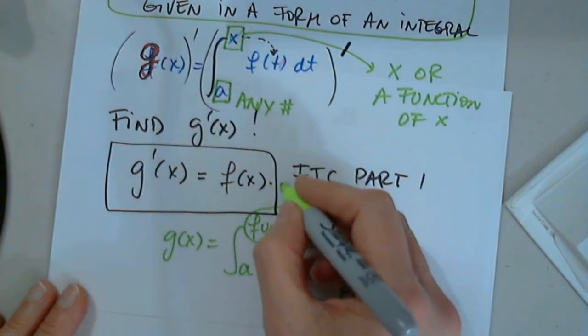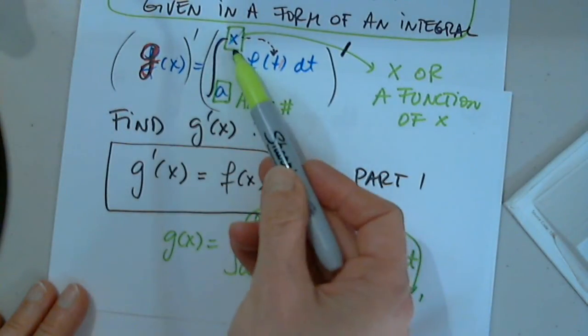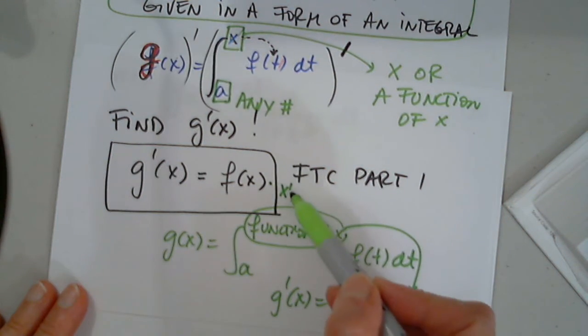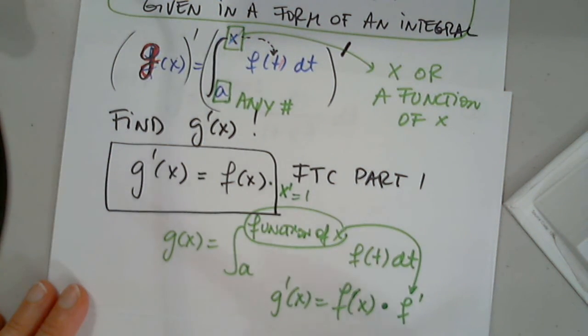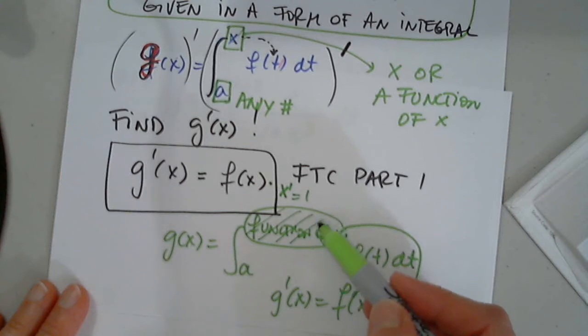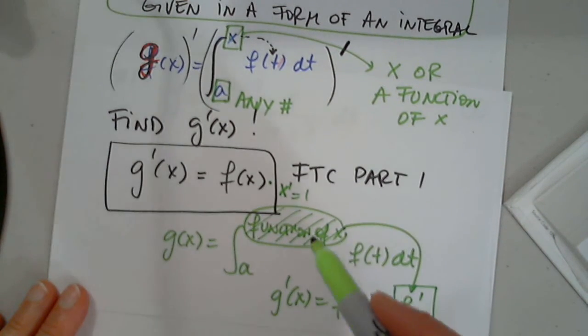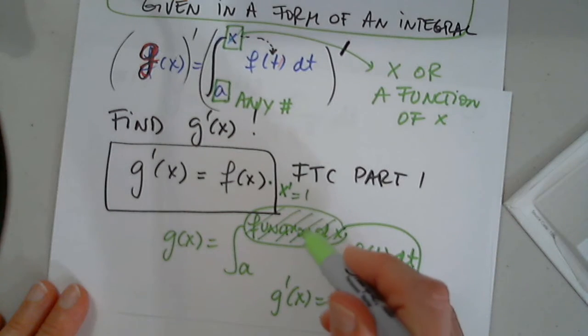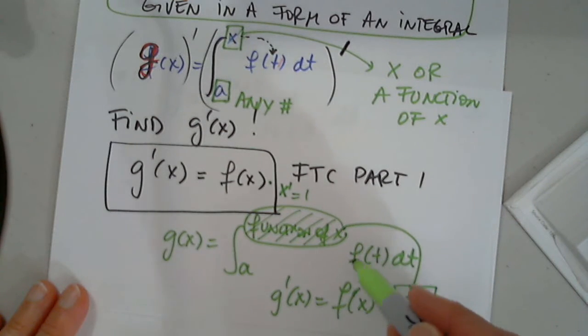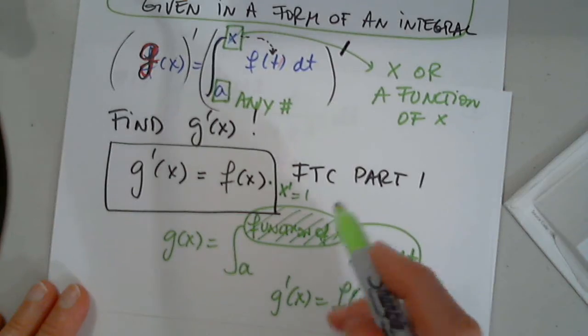I would have written here x prime, because that's what I have at the top. But x, I didn't have to, because that's 1. But if there is any function up here, then I have to multiply by the inner function prime. This is the inner function, and this is the outer function. So I have to multiply by the inner function prime.